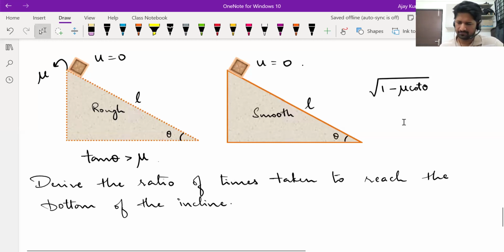We'll see. Okay. One of you tell me basically, what do you need to know, or how are you going to calculate the time taken by an object to go from one point to another? Starting from rest that is given to you, what else do you need to know to find out the time?